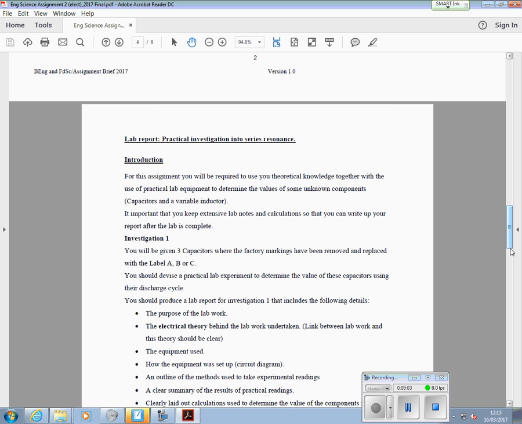We'll sort that out. Right, investigation 2. For this investigation, you're provided with an inductor that's a variable inductor. So this inductor has a laminated core that you can move in and out of the coil. Therefore, we can strengthen or weaken the field in part of that core.